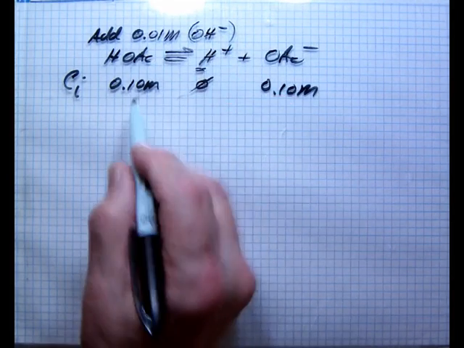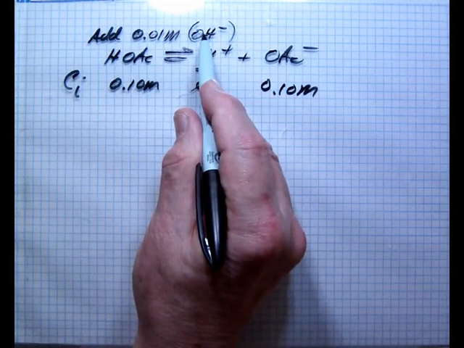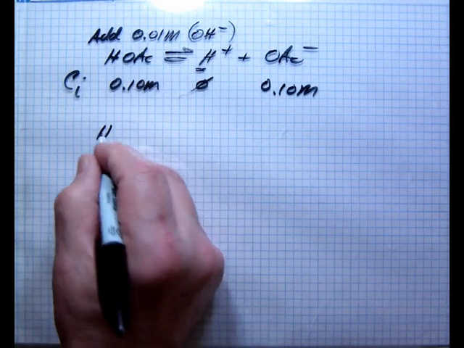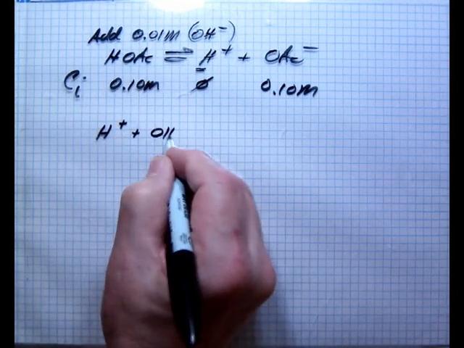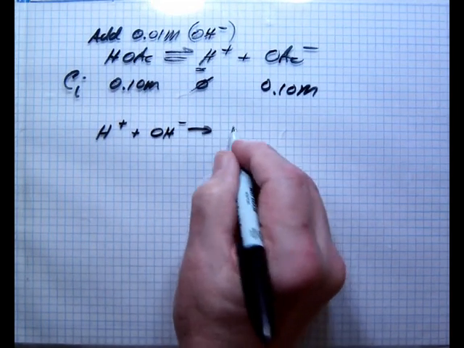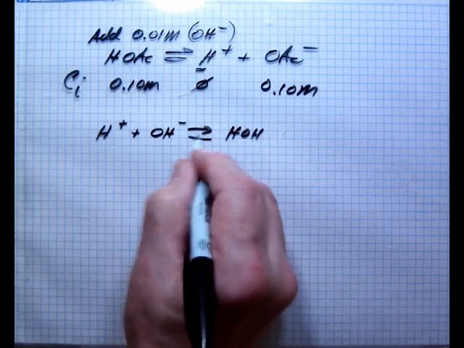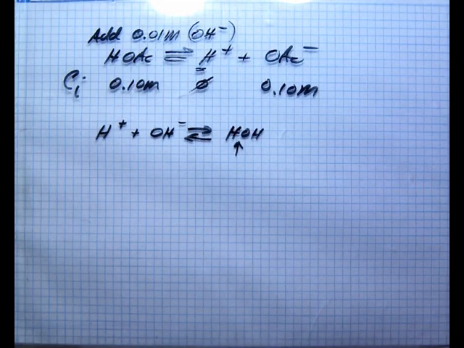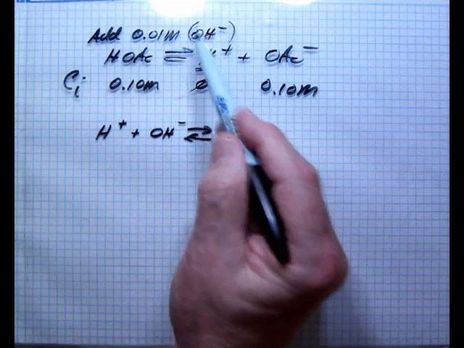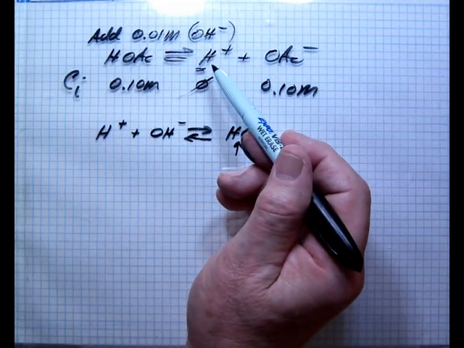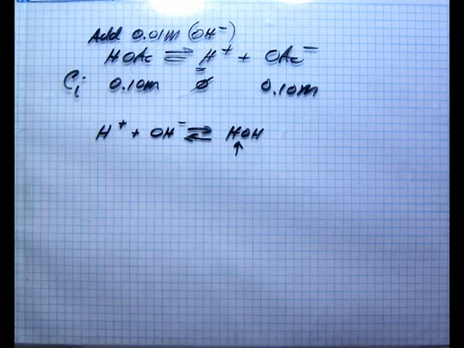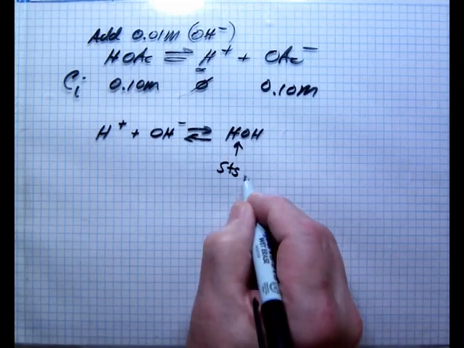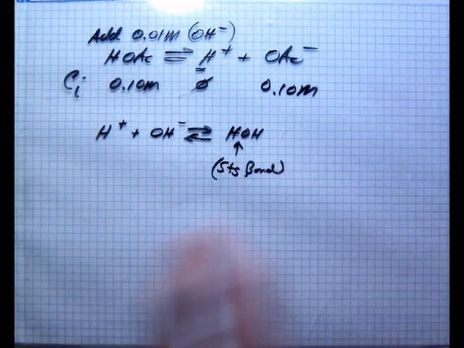What happens is the hydrogen will combine with the OH⁻ to produce water. This is a very strong bond in there. So if you put a base in the presence of hydronium ions, hydrogen is going to hook up with the hydroxide very quickly. This is a strong bond here.